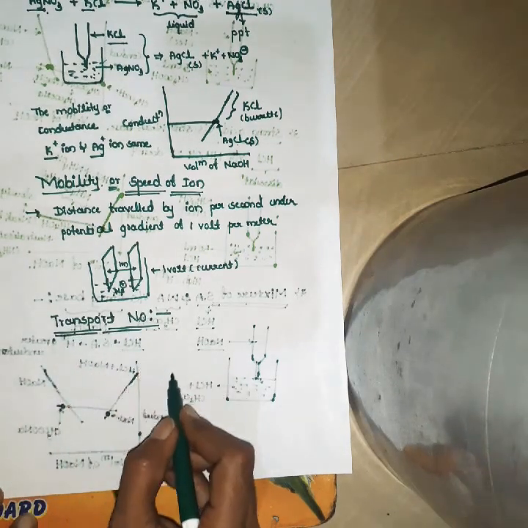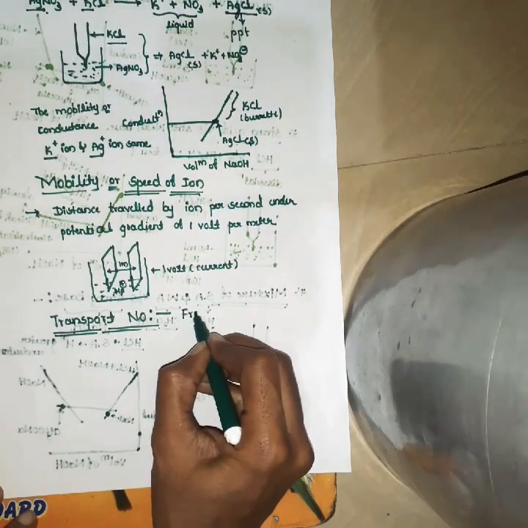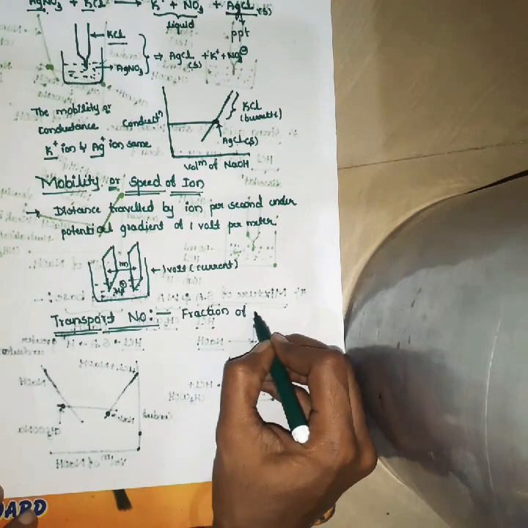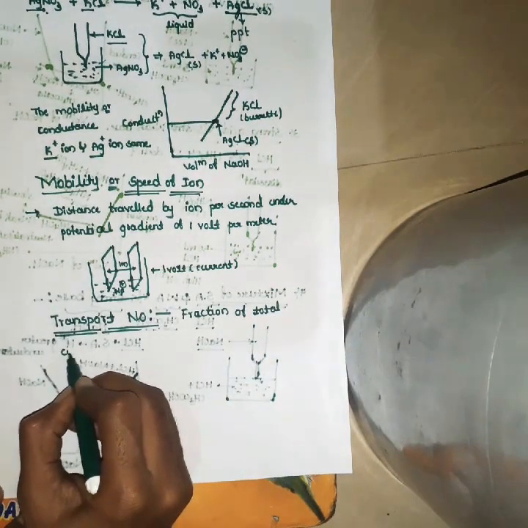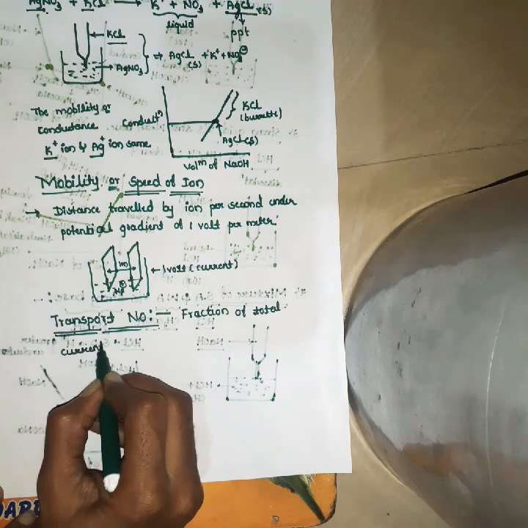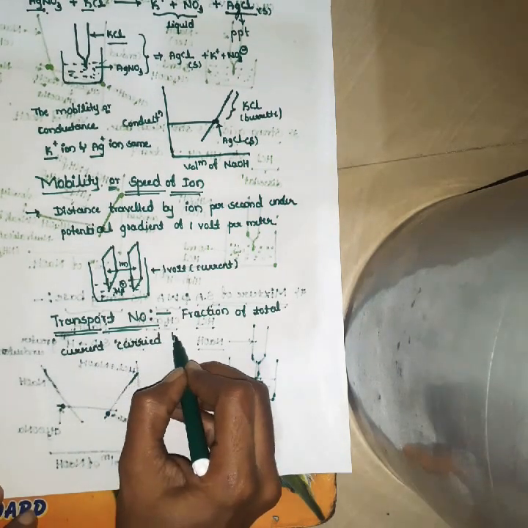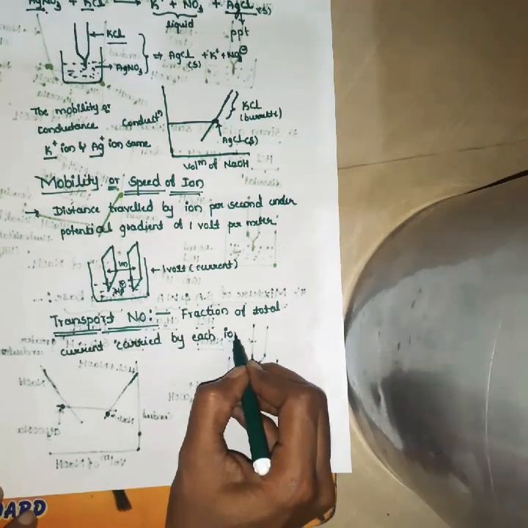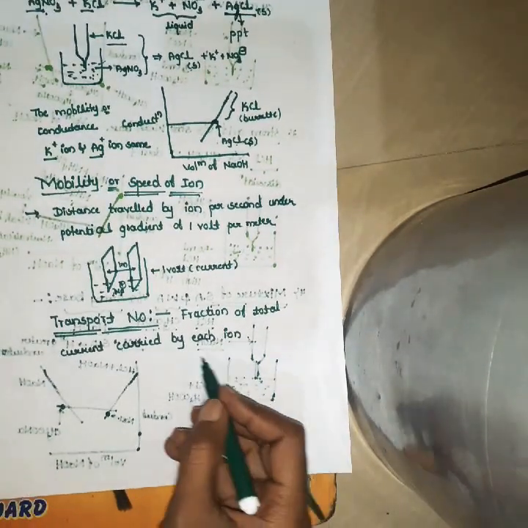Transport number is defined as the fraction of total current carried by each ion.